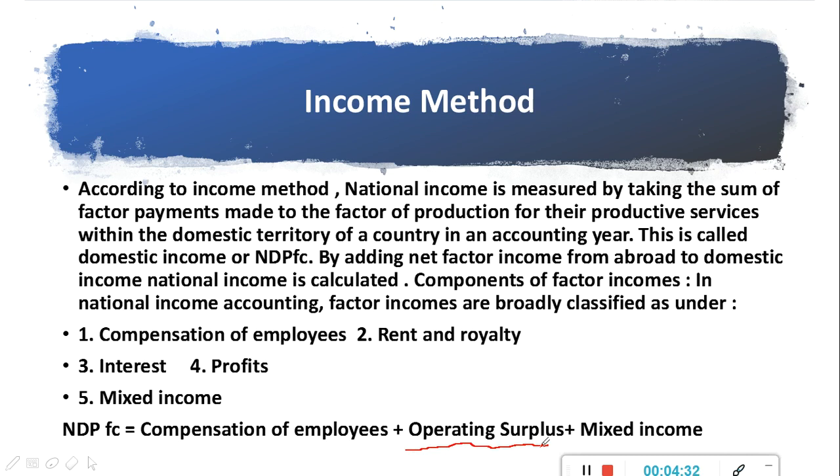Always remember that when operating surplus is given in the question, and rent, interest, and profit are also given in the question, you have to consider the value of operating surplus only. You need not take the value of rent, interest, and profit when operating surplus is given, because rent, interest, and profit are parts of operating surplus only.